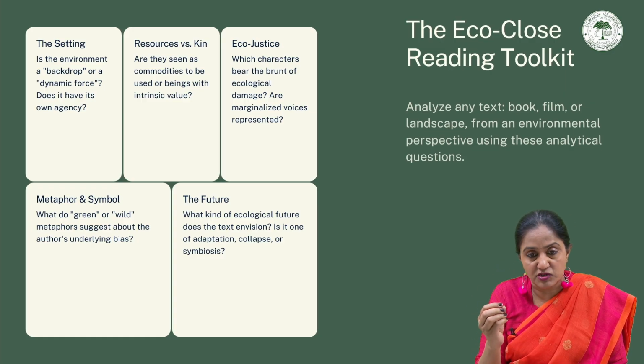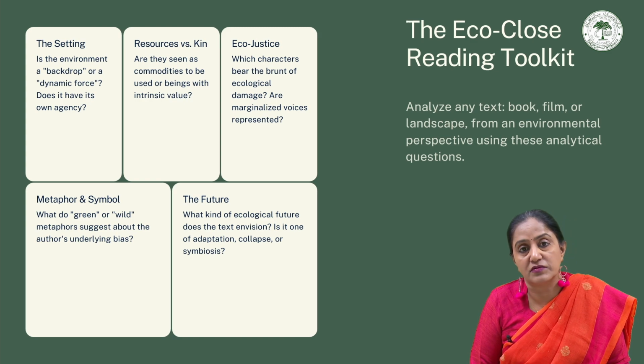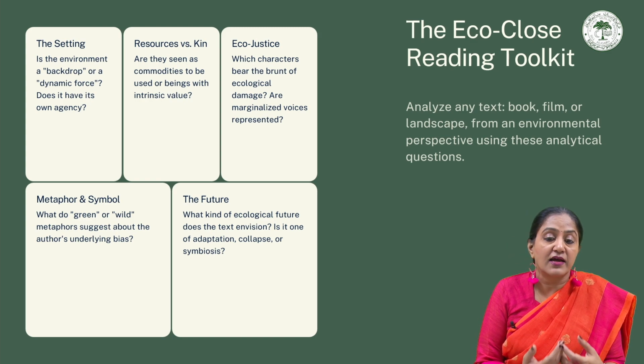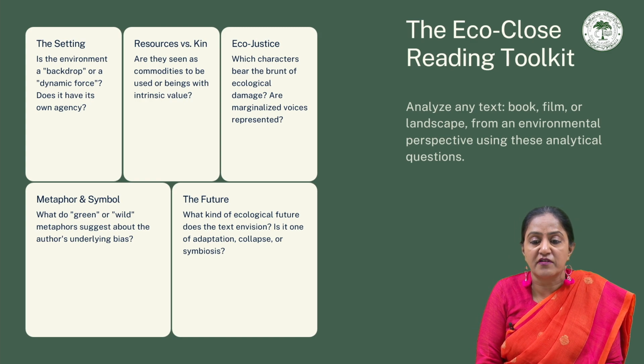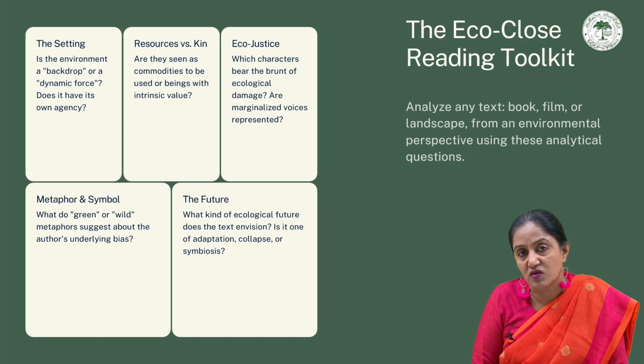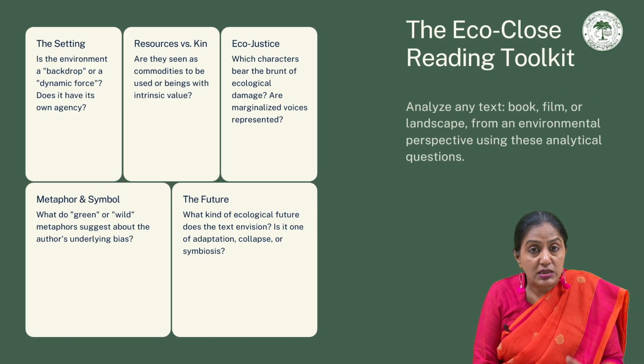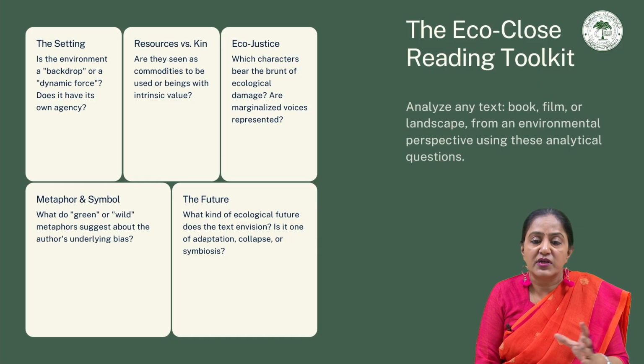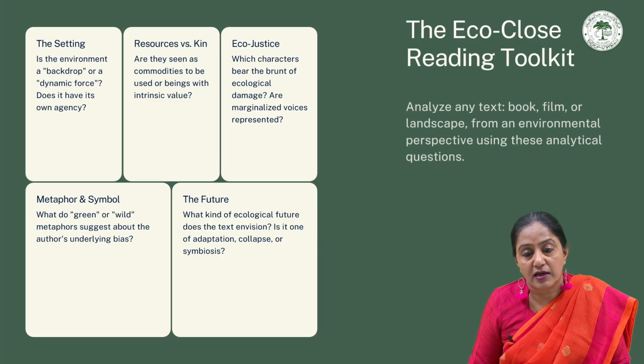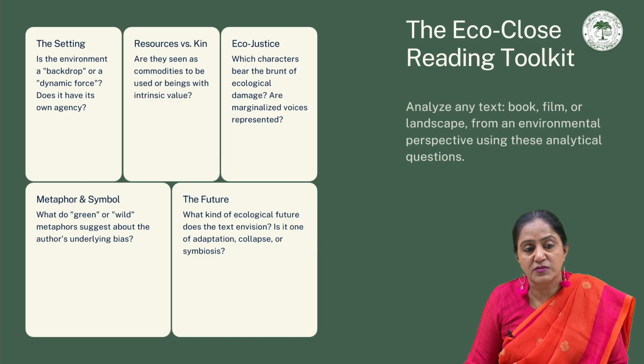With the help of these questions, close reading becomes ecological reading. We learn to recognize the environmental dimensions that often remain hidden beneath the surface of the narratives. In doing this, literature becomes more than aesthetic expression. It becomes a powerful tool for environmental understanding.